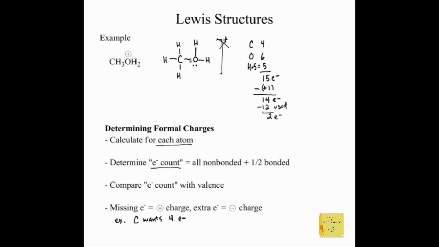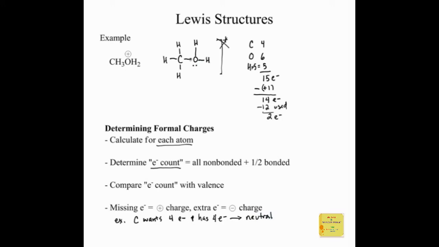When we count up the electron count for this carbon, we're going to cut each of these covalent bonds in half and just see how many electrons are owned by that carbon. So we'll count 1, 2, 3, 4. And so for this carbon, we see that it wants 4, and it has 4 electrons. And so that means it is a neutral atom. There is no charge for that carbon.